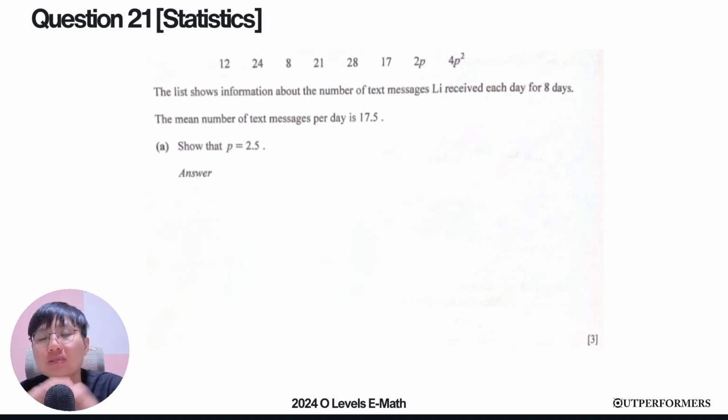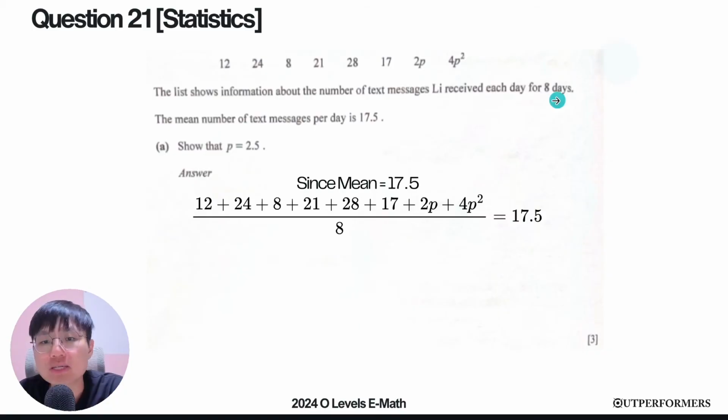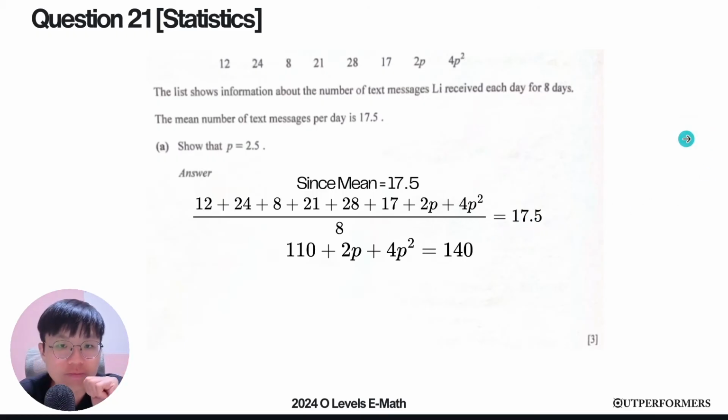So you just need to think about the normal mean calculation, because it's ungrouped data, right? So all we have to do is add all of them up together, divide by 8, amongst the 8 days, and equate it to 17.5. Okay, then that's when we can cross multiply to have our value right here.